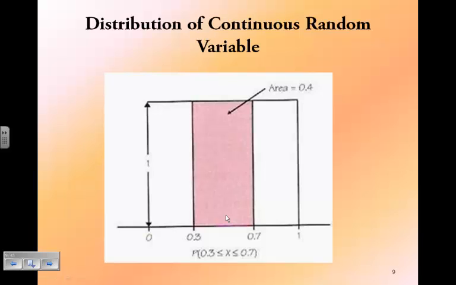The total area of this curve is 1 wide by 1 tall, so the total area is 1, and then the area between 0.3 and 0.7 is 0.4. So the probability then is 0.4. This is an example of a density curve. So remember, density curves must be above the x-axis, and the area underneath them has to add up to 1.